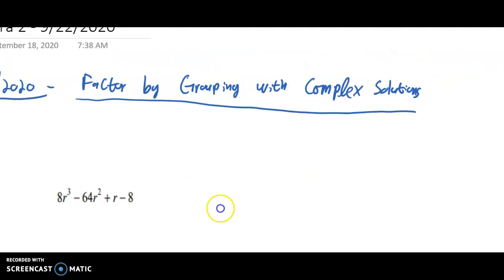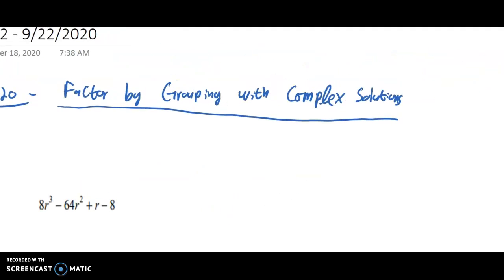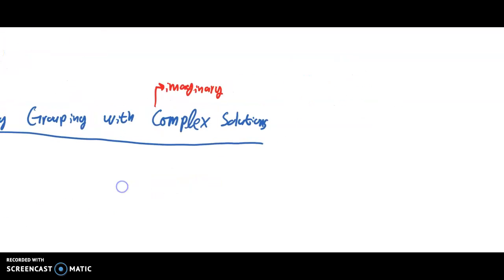Complex is just another way to say imaginary. So a complex solution means that it has imaginary numbers. Quick review of imaginary numbers.